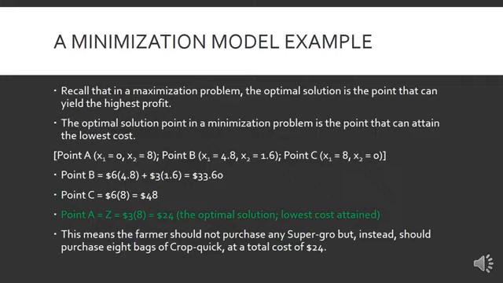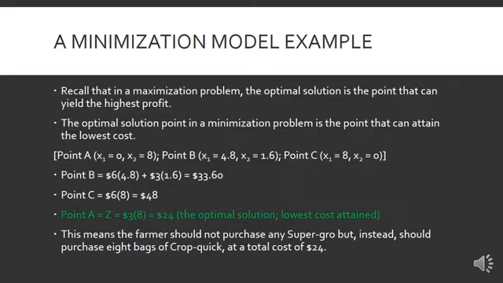The lowest cost attained. So, kung i-interpret natin itong sagot natin, ang ibig sabihin nito, this means the farmer should not purchase any super grow. Okay, hindi siya bibili ng super grow, but instead, should purchase 8 bags of crop quick at a total cost of $24.